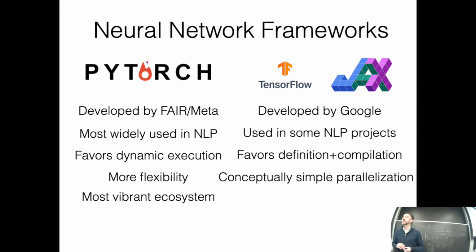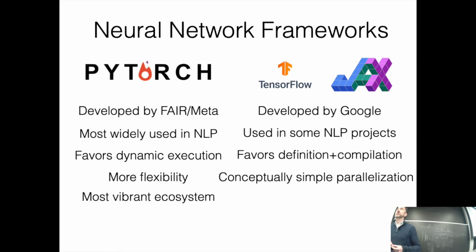I'll explain a little bit about the difference between them and you can pick accordingly. First, both of these frameworks are developed by big companies and they have a lot of engineering support behind them. That's an important thing to think about when deciding which framework to use, because it'll be well supported.